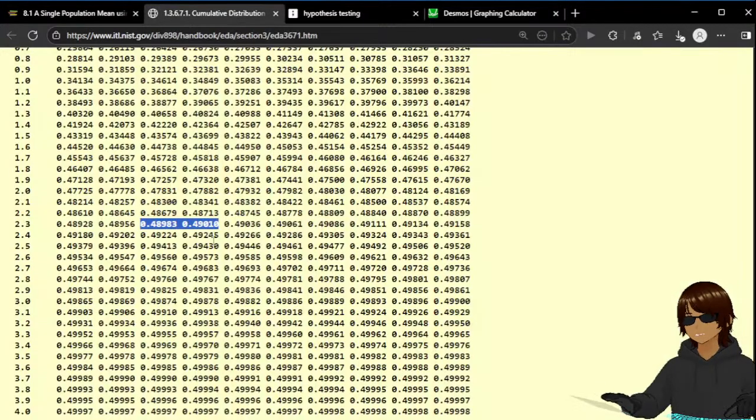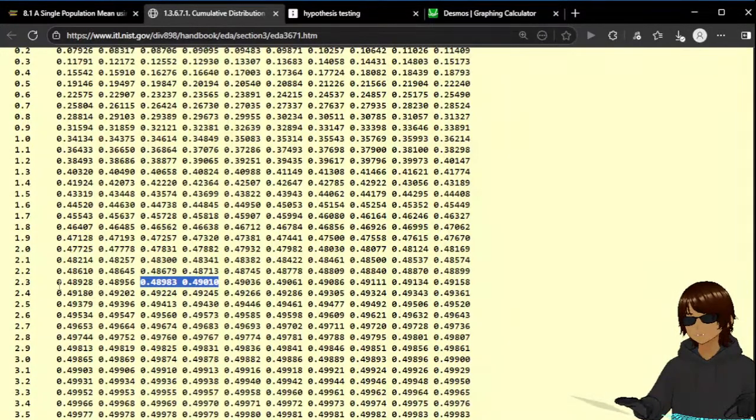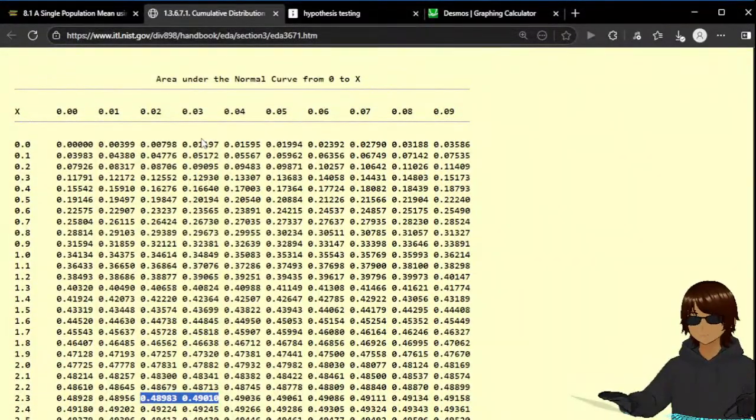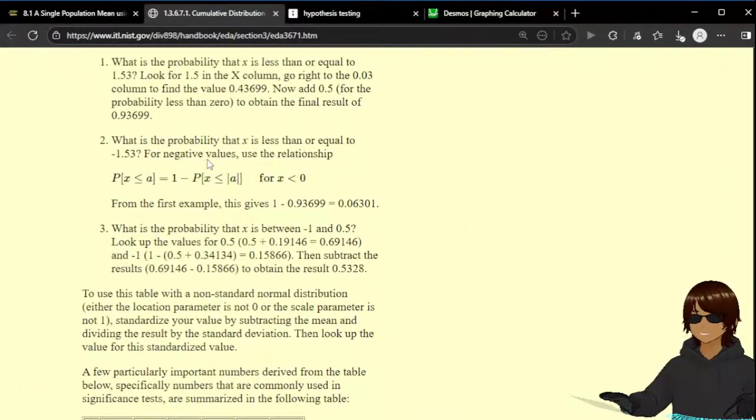Okay, so it's this one right here, which is 2.33.